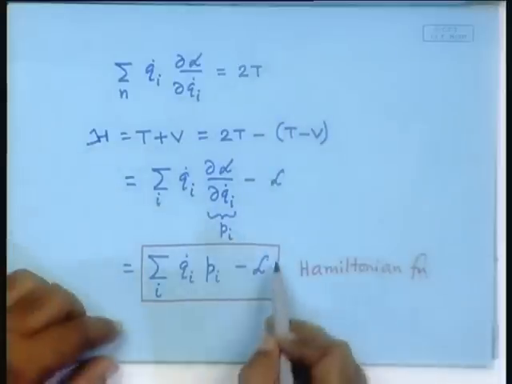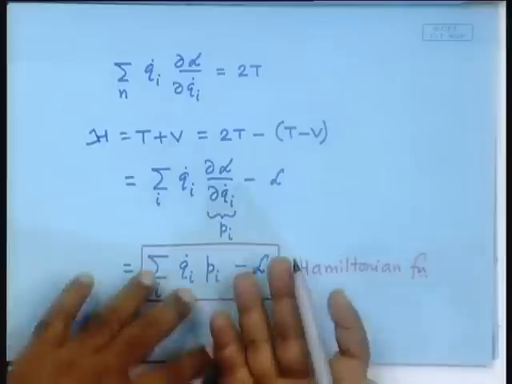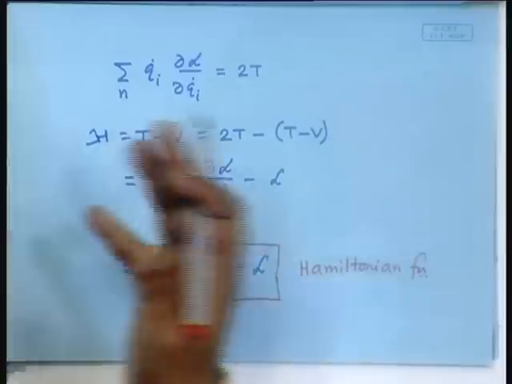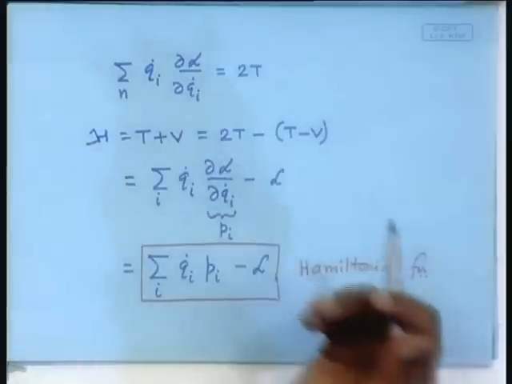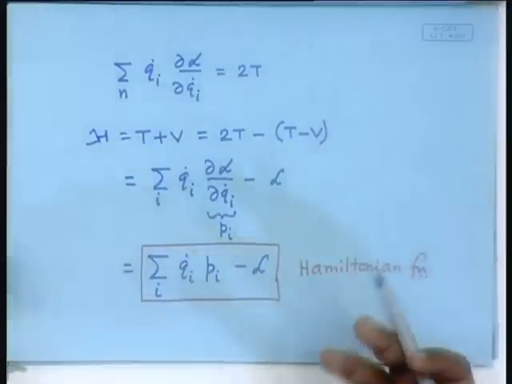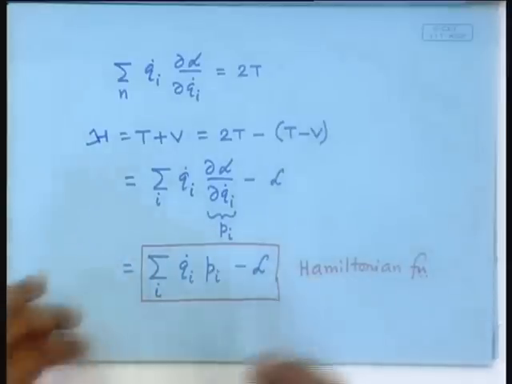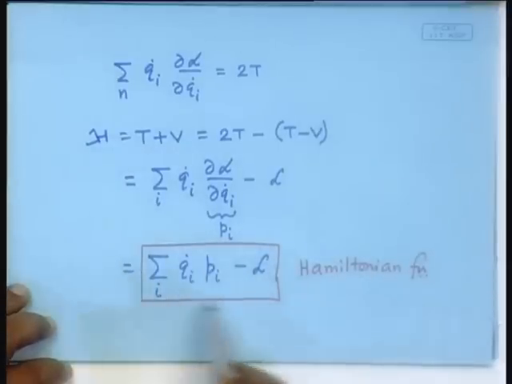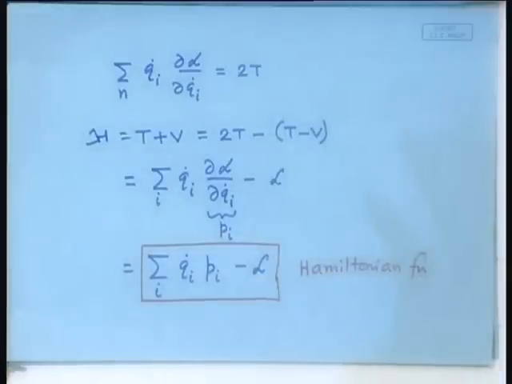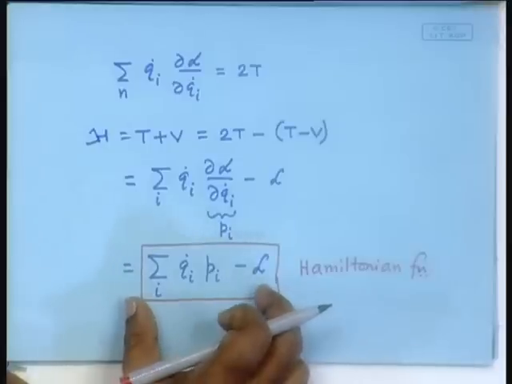Hamilton actually defined this function and showed that it is the same as the total energy function T plus V. But we had started from the total energy, because for us it is a more intuitively appealing quantity, and we showed the opposite, that the total energy is nothing but this function, but either way it is the same thing.